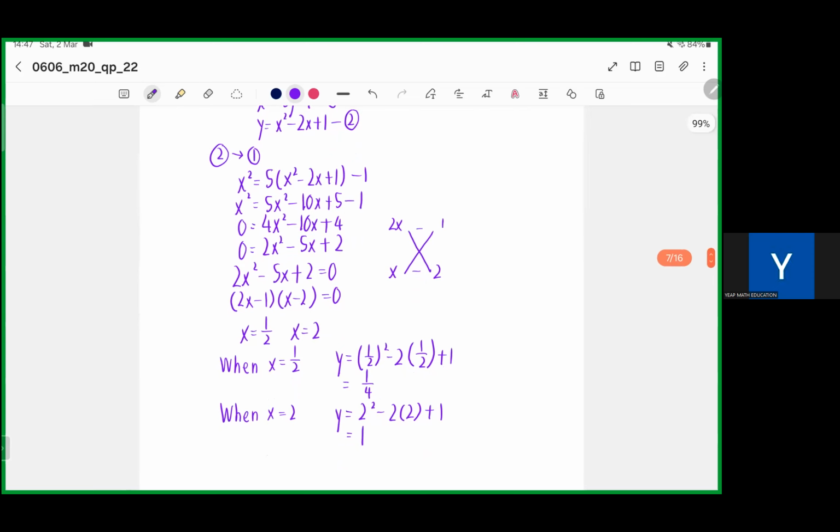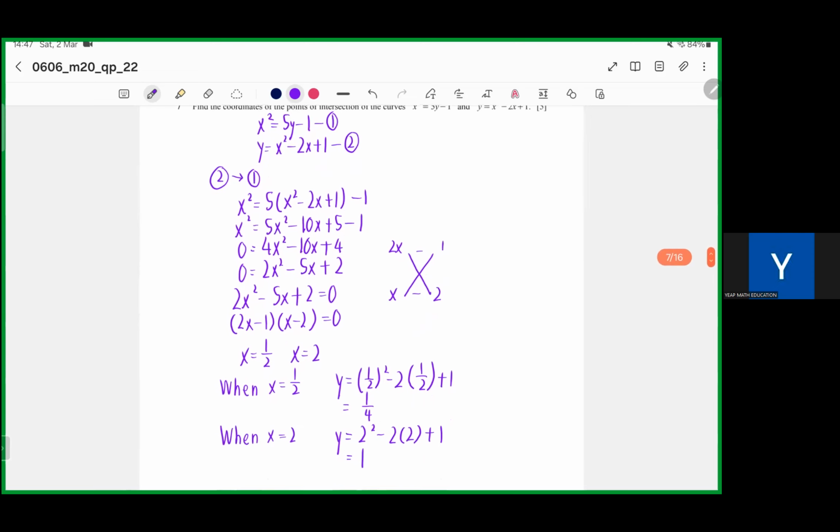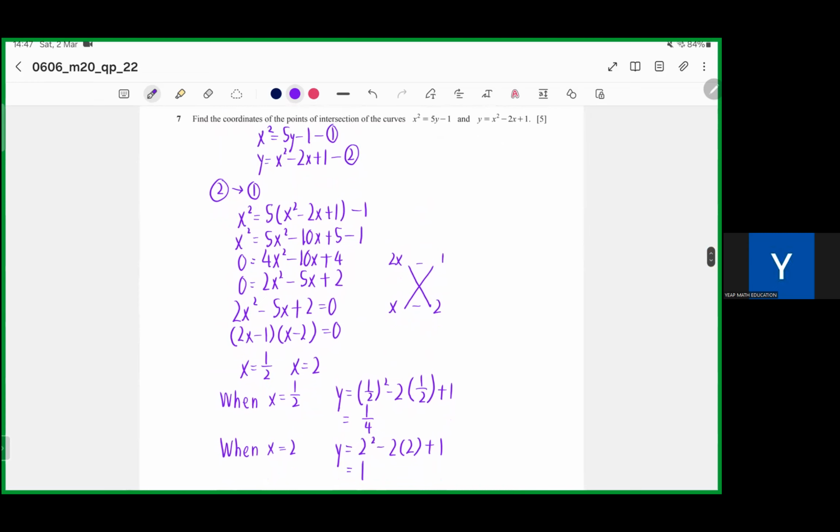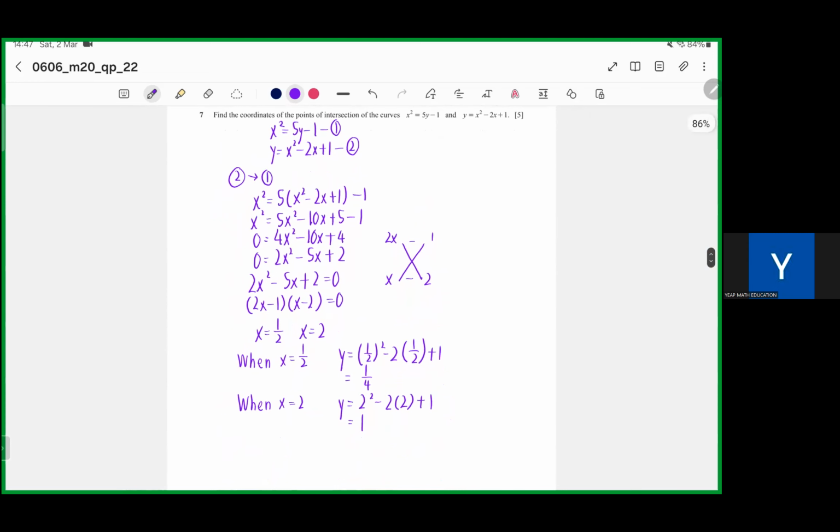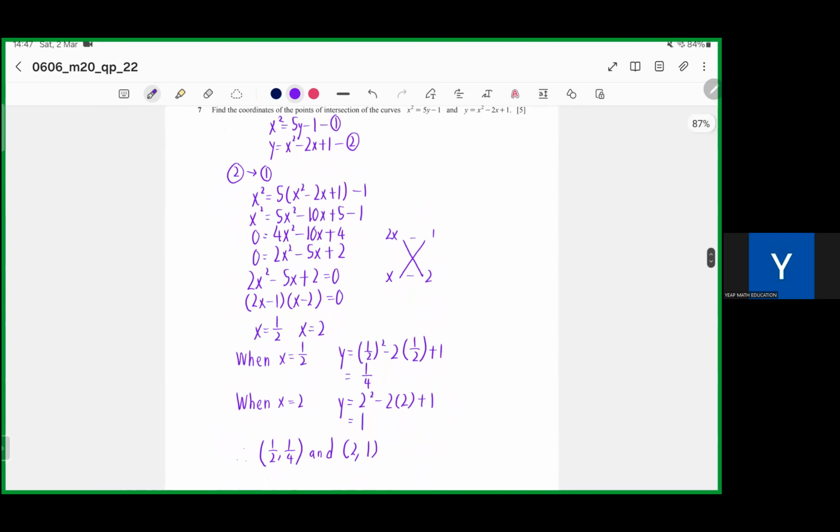So we get the point of intersection, but we need to write it in coordinate form. So we can write 1 over 2, 1 over 4, and 2, 1. Okay, this is for question 7.